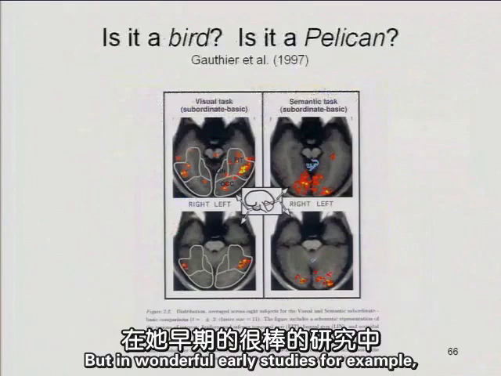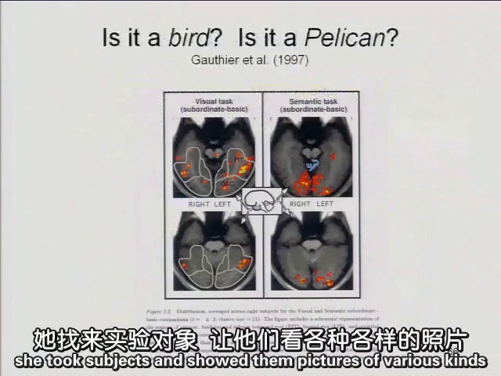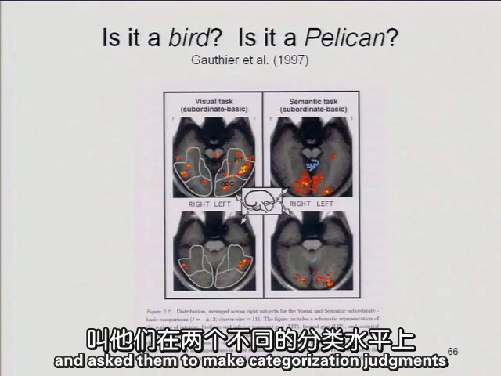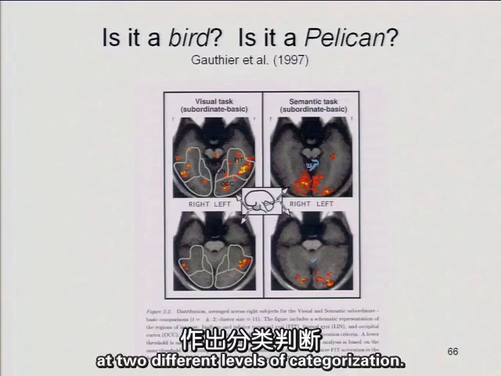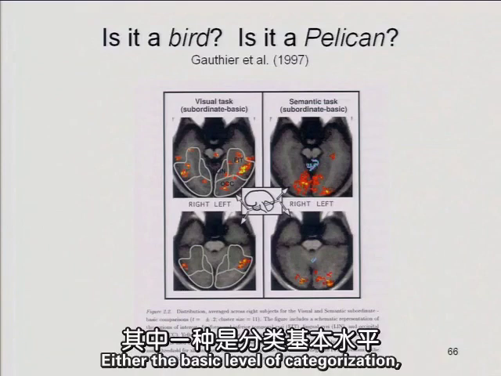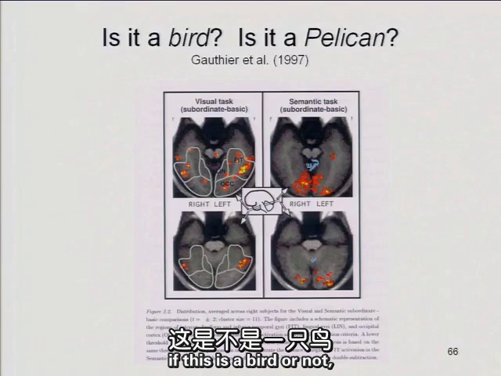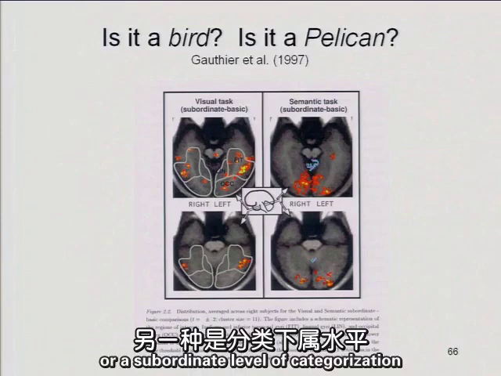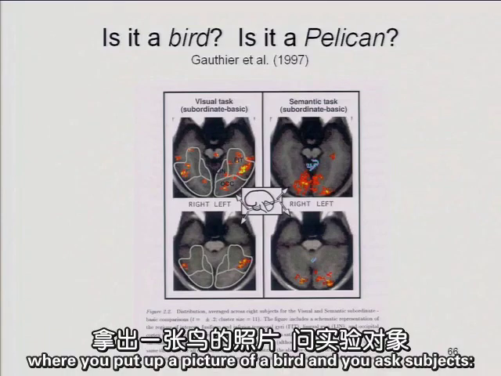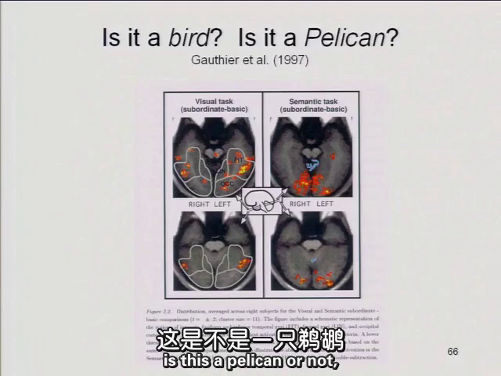But in one of her early studies, for example, she showed subjects pictures of various kinds, and asked them to make categorization judgments at two different levels of categorization. Either the basic level, putting up a picture of a bird and asking, is this a bird or not? Or a subordinate level, where you put up a picture of a bird and ask the subject, is this a pelican or not?